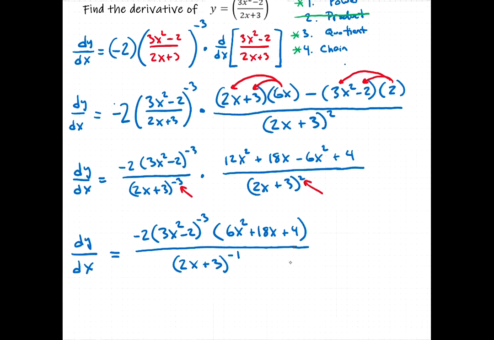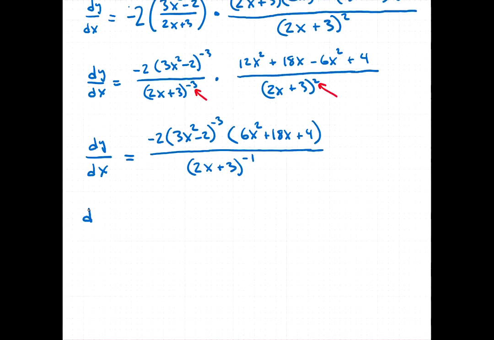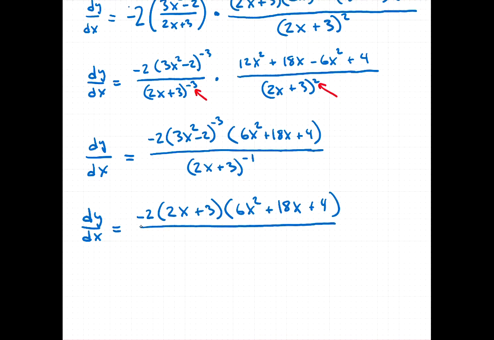All right, so let's shuffle some stuff around here. dy over dx is equal to, well, this negative exponent goes to the top and becomes positive. This negative exponent goes to the bottom and becomes positive. So negative 2, bring the 2x plus 3 up top, times 6x squared plus 18x plus 4. And we'll bring this factor to the bottom. So that's 3x squared minus 2 to the positive 3 power.